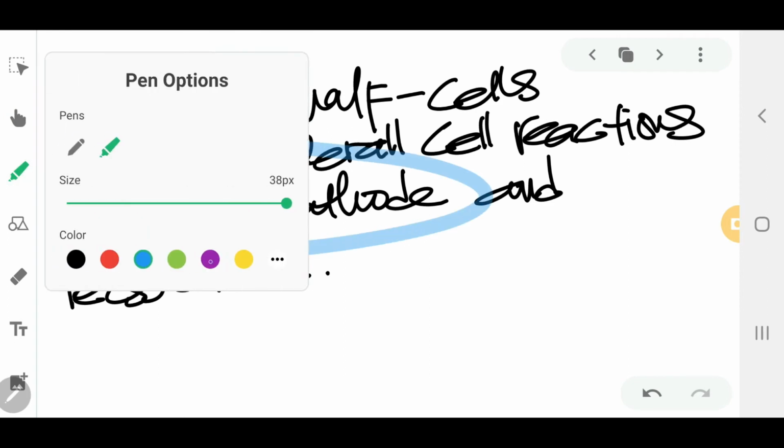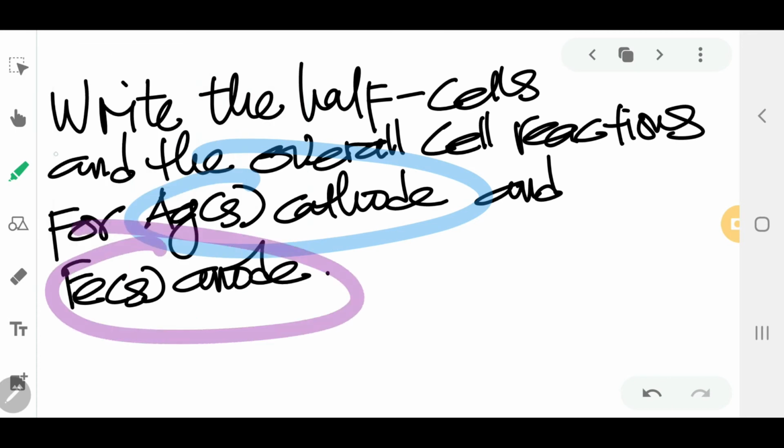You have silver, Ag solid, at the cathode, which is the electrode, and iron solid at the anode. Remember, the cathode is the gaining of electrons process, and the anode is the losing of electrons process. So the iron here will be losing electrons.